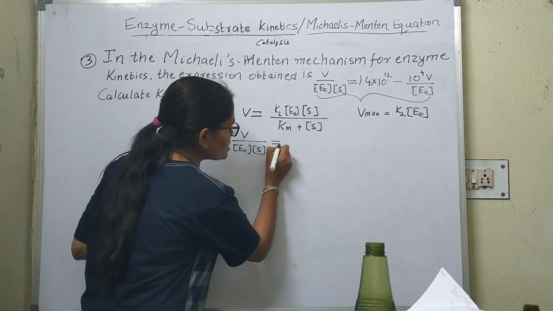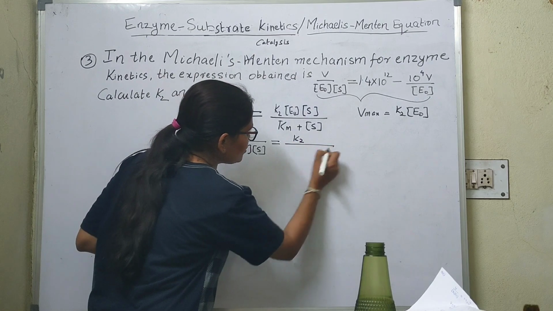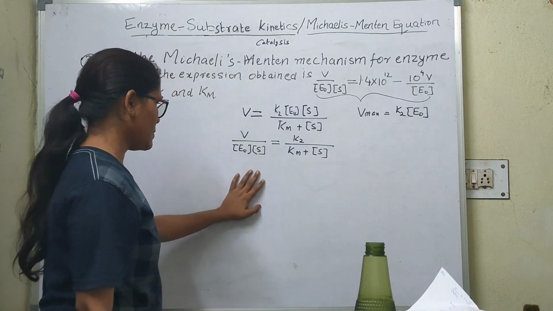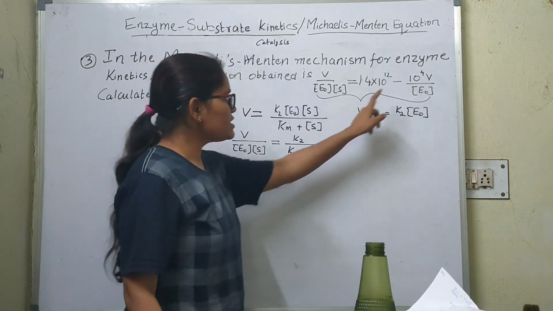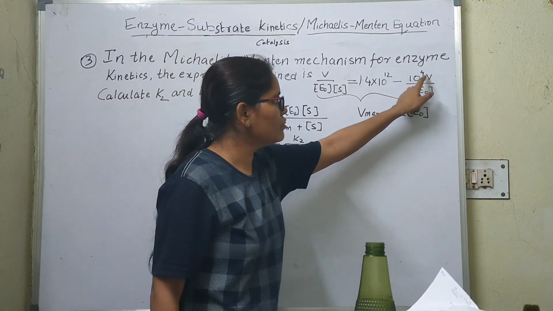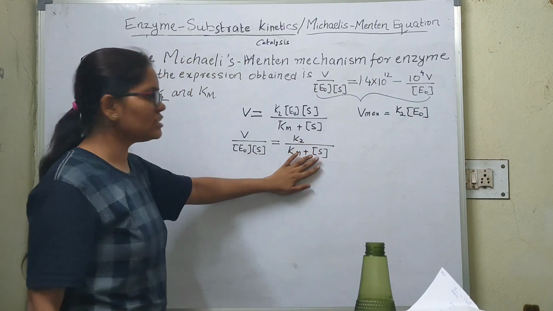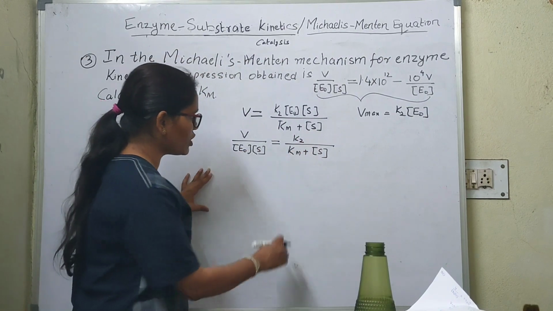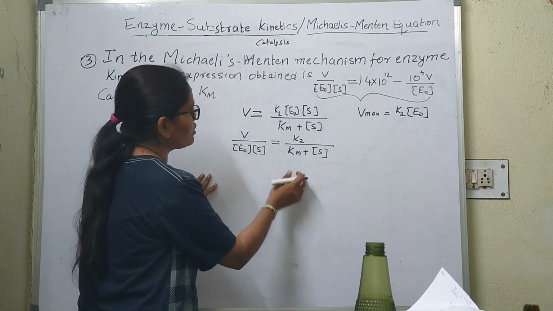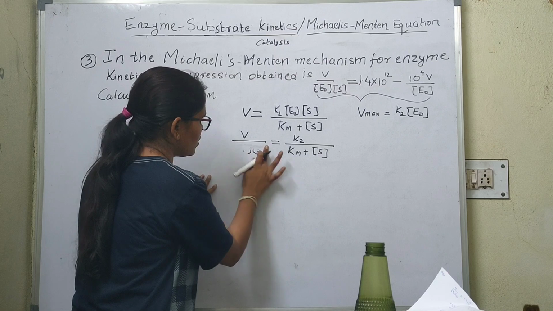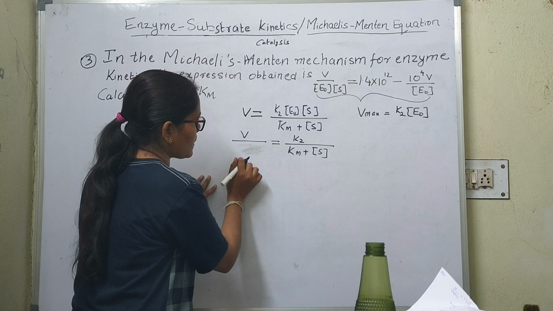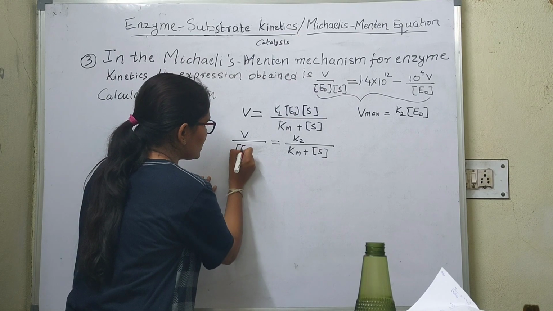Now let us see what is the right hand side. Right hand side is K2 by Km plus S. Does the right hand side match here? No, because here you see there is a term V on the right hand side and here there is no V. So still we have to modify this. We'll keep this E naught and S here.